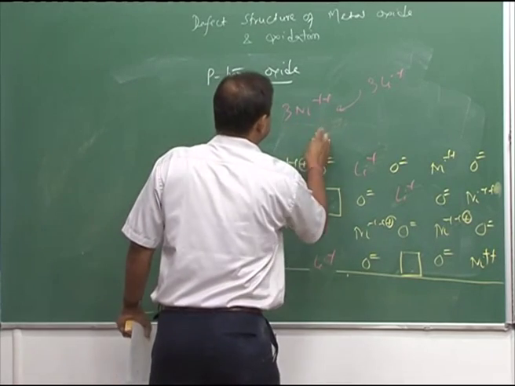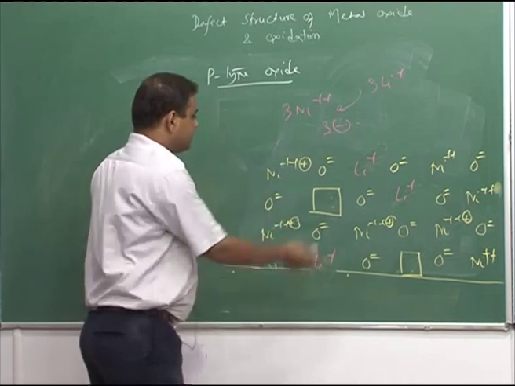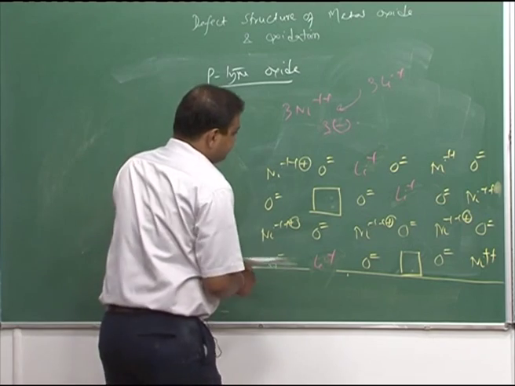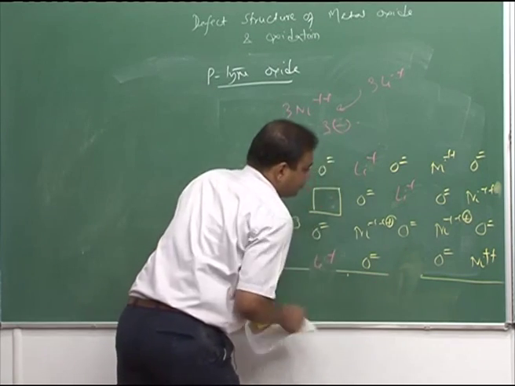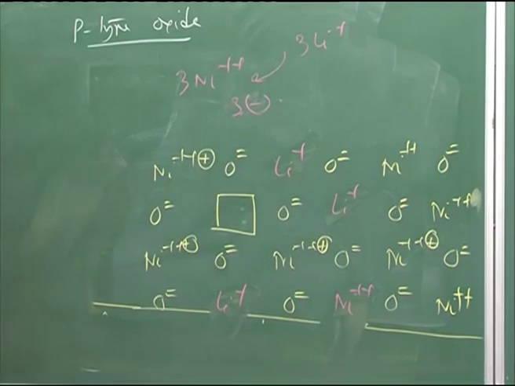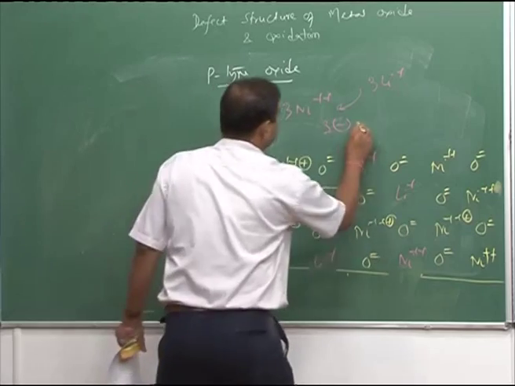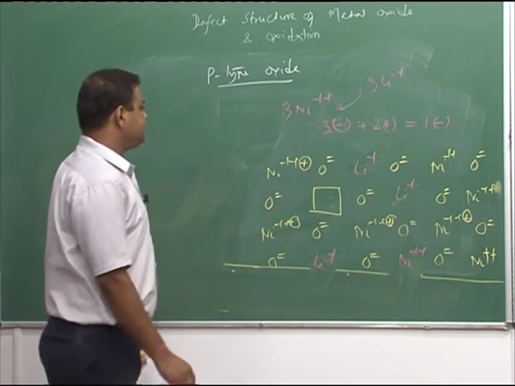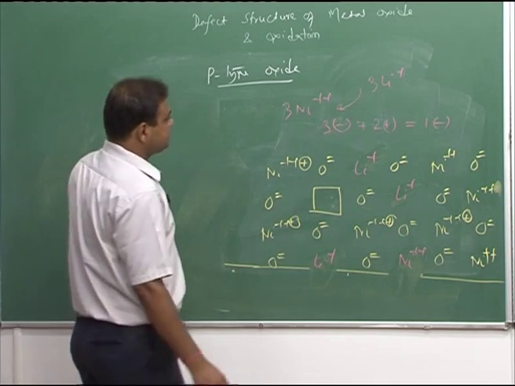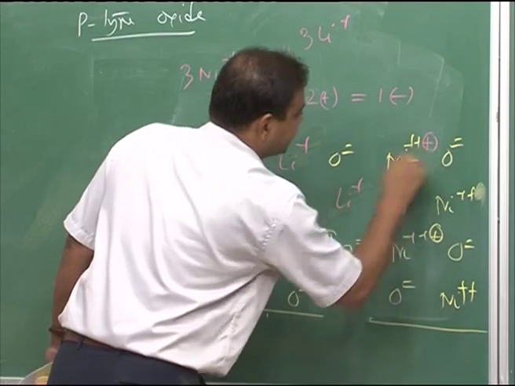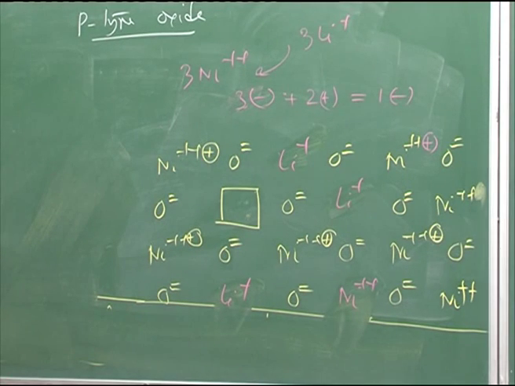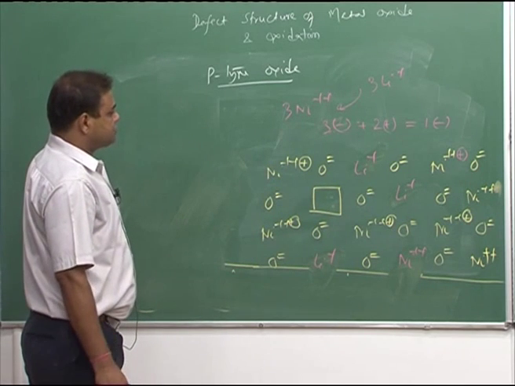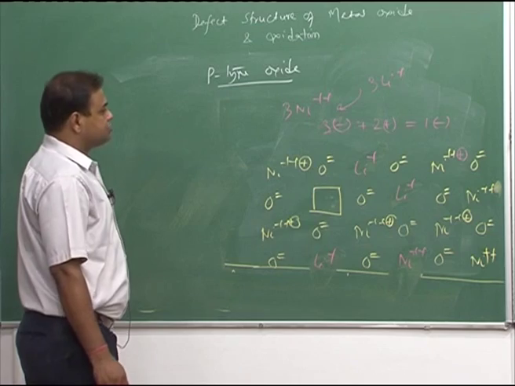So, we say that 3 extra negative charges are there in this lattice. Now, if we replace one vacancy with nickel plus, then we are left with one extra negative charge, and that extra negative charge can be balanced by forming one extra positive hole. So, the overall charge neutrality is maintained.